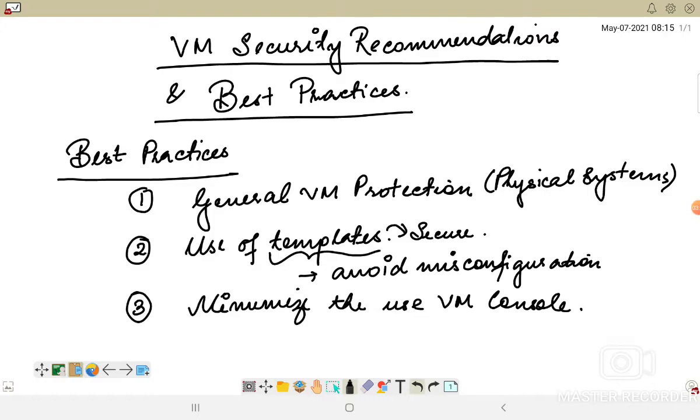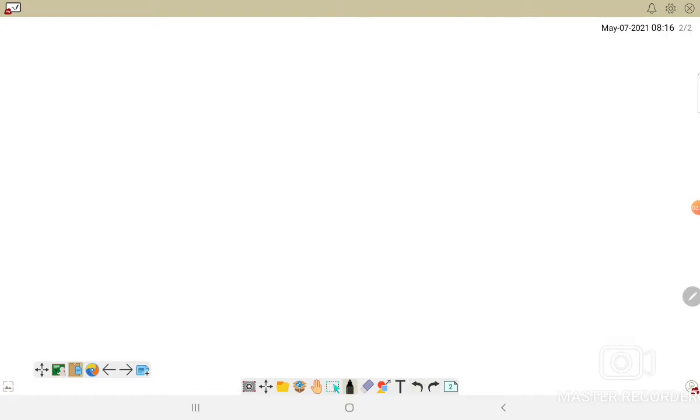Users with access to the virtual machine console have access to the virtual machine power management and removable device connectivity controls. So console access might therefore allow a malicious attack on the virtual machine, because using this console, we can easily get the list of information which is available on the virtual machine, and this can easily be compromised.